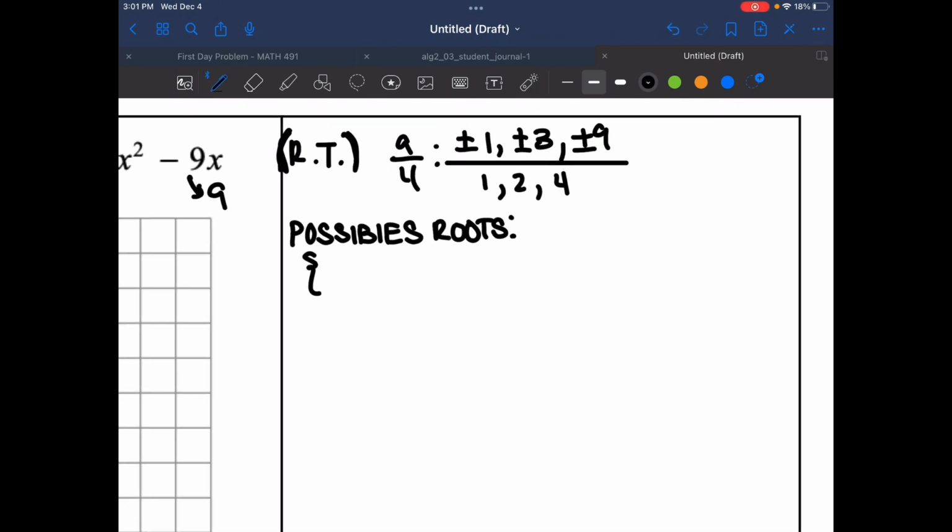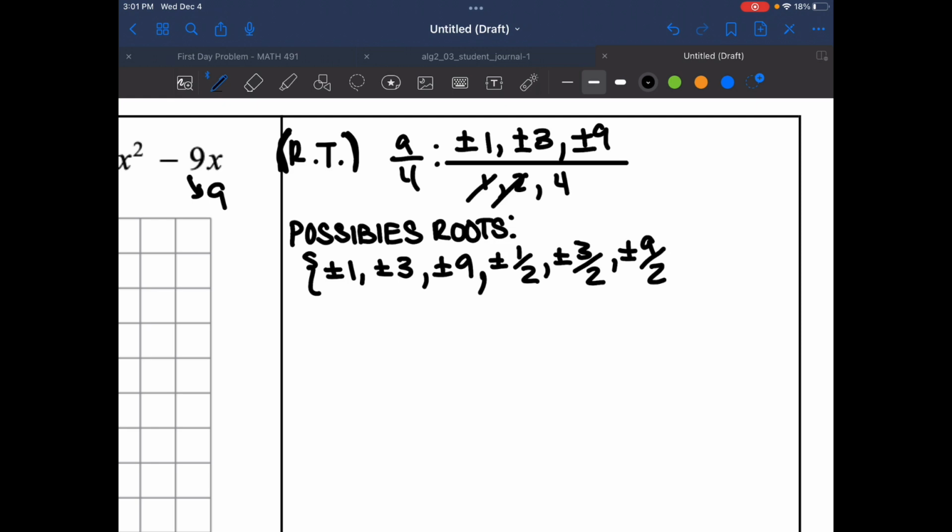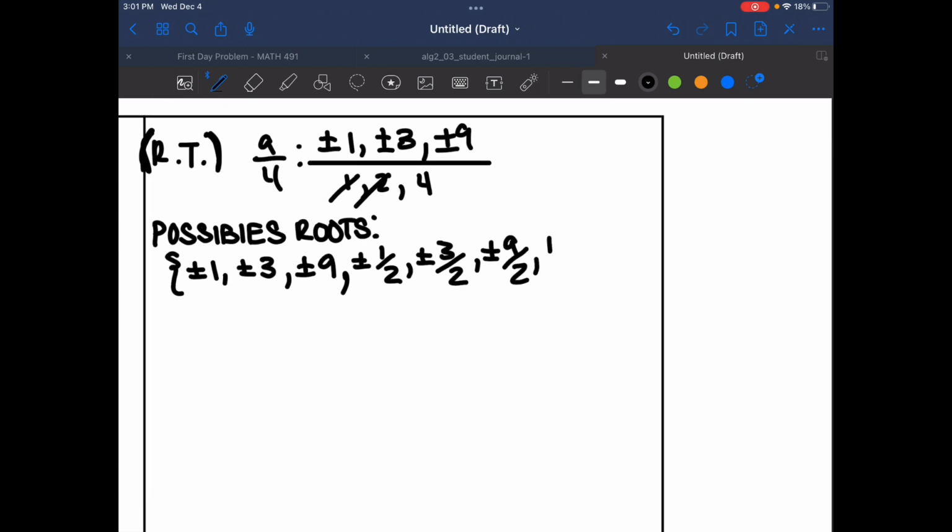So my possible roots are going to be plus or minus 1, plus or minus 3, plus or minus 9, plus or minus 1/2, plus or minus 3/2, plus or minus 9/2, plus or minus 1/4, plus or minus 3/4, plus or minus 9/4.